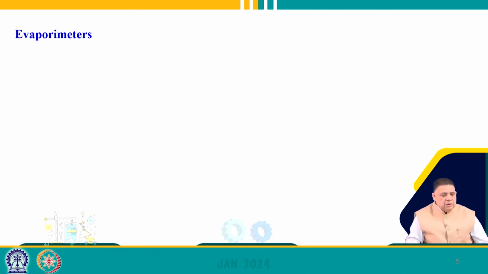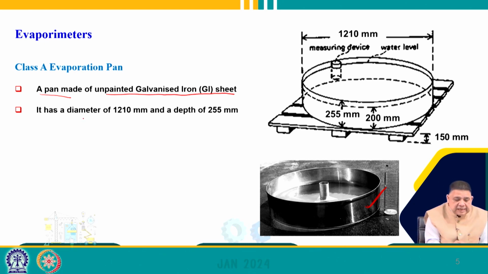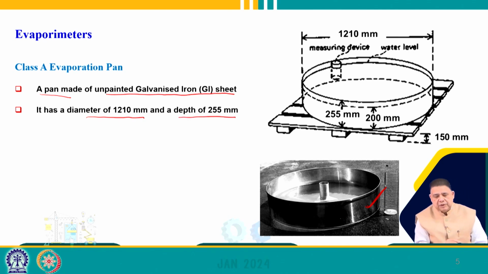Coming to the Class A evaporation pan, this is a pan made of unpainted galvanized iron sheet, GI sheet, and this is how it looks. You can see that it is cylindrical in shape. It has a diameter of 1210 millimeters and a depth of 255 millimeters.